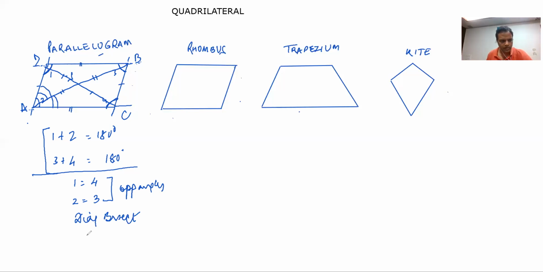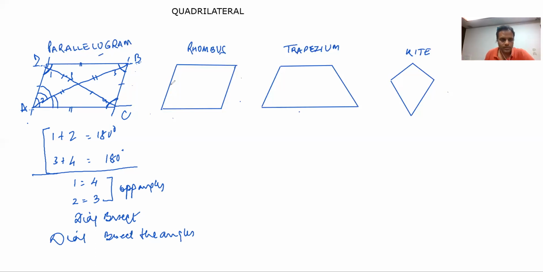So diagonals bisect the angles. So these are the properties of a parallelogram. I don't have to repeat. You can always rewind and listen to me again.